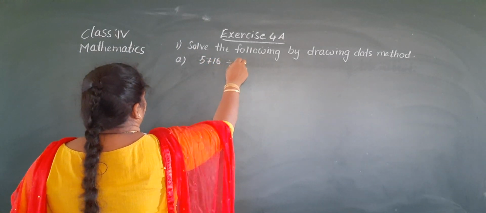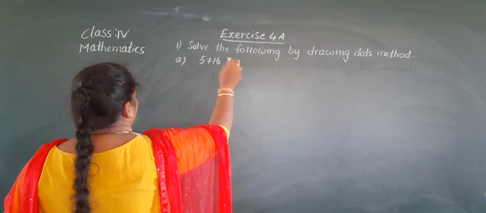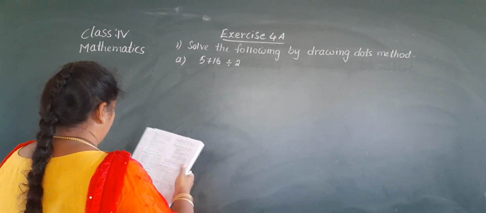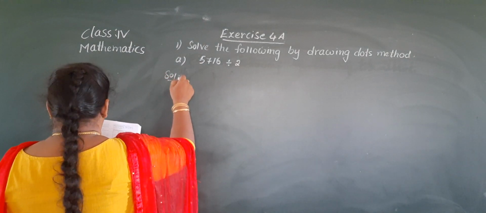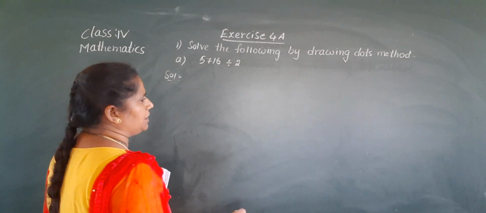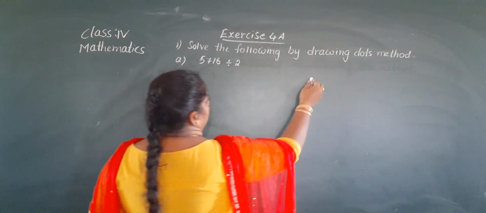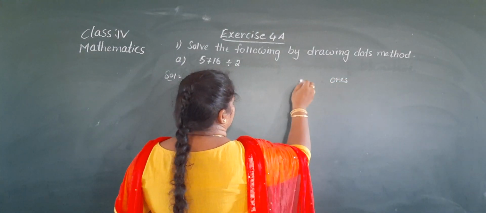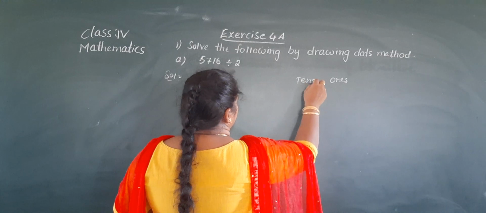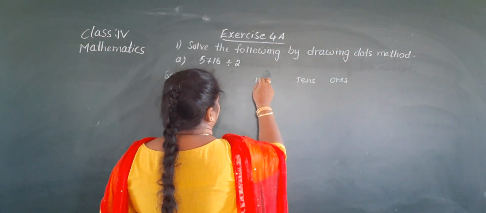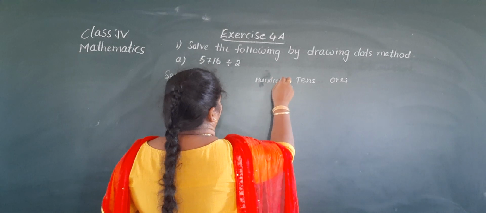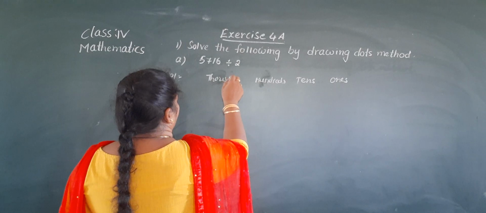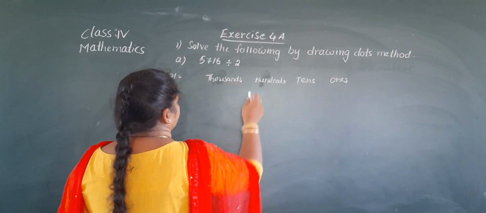5716. So, first, the solution. See, all of you keep like this in your classwork. First keep ones. Next, leave some gap and write tens, hundreds, thousands.